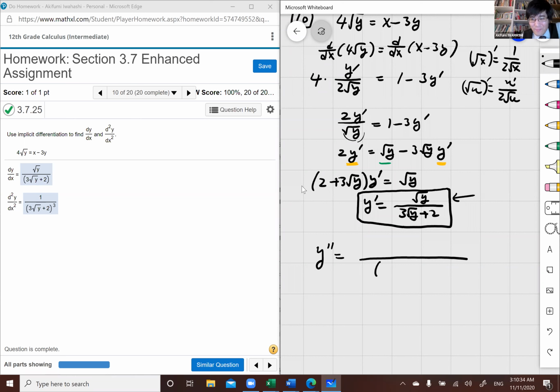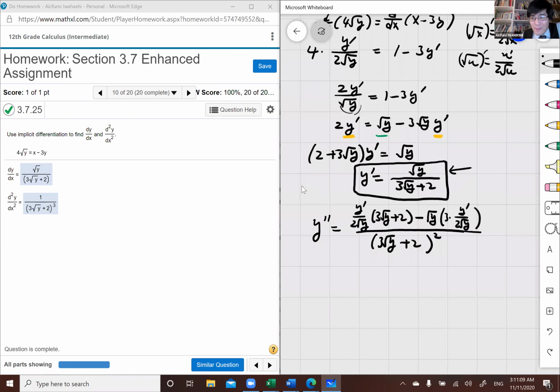You have to use the quotient rule: denominator squared, times the derivative of the top, by the formula, minus the top times the derivative of the bottom. Now the derivative of the bottom is 3 times the derivative of square root of y, and the derivative of 2 is 0. So it's going to be like this.